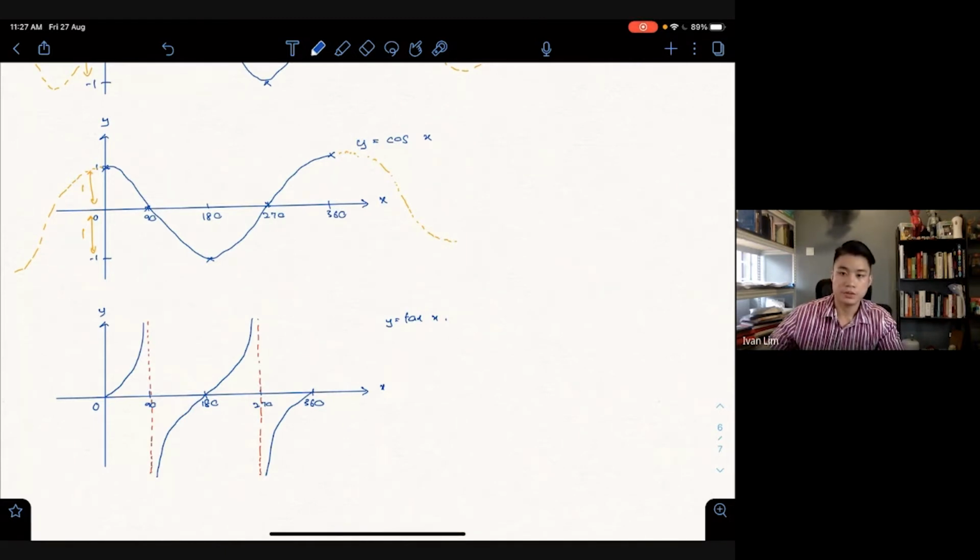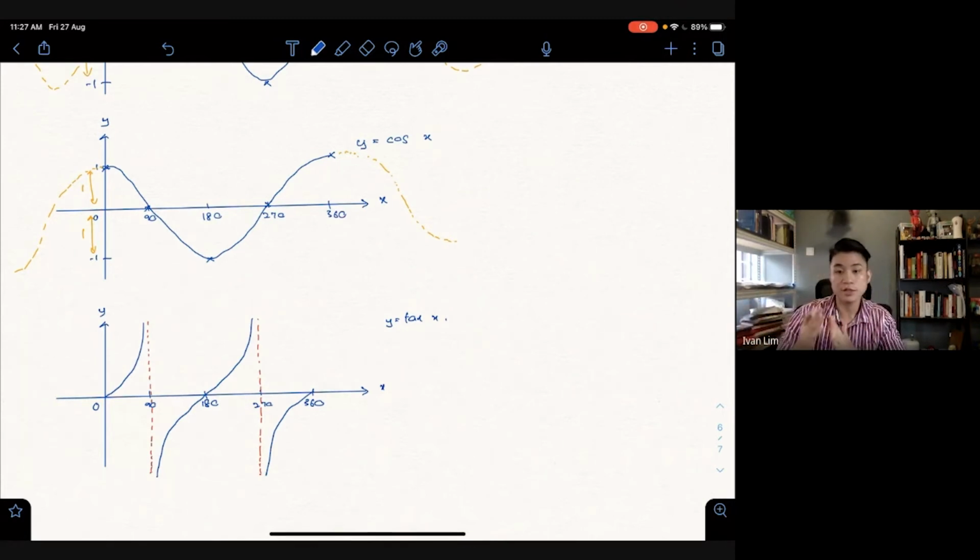Okay, cool. What you all need to observe here is that for this graph, there's no amplitude. So there's no maximum point here. And the shape of this graph keeps on repeating.